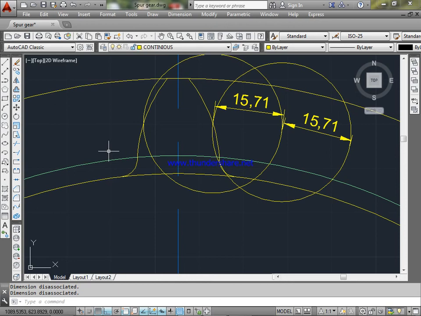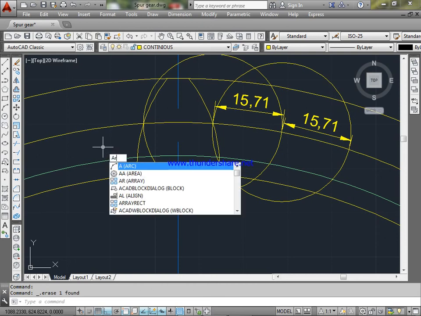This is the difference. The command in AutoCAD is the array command.